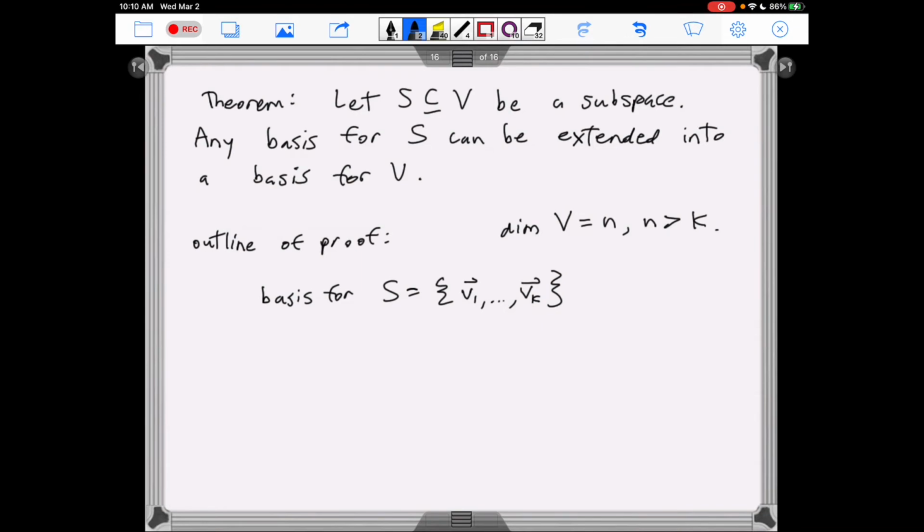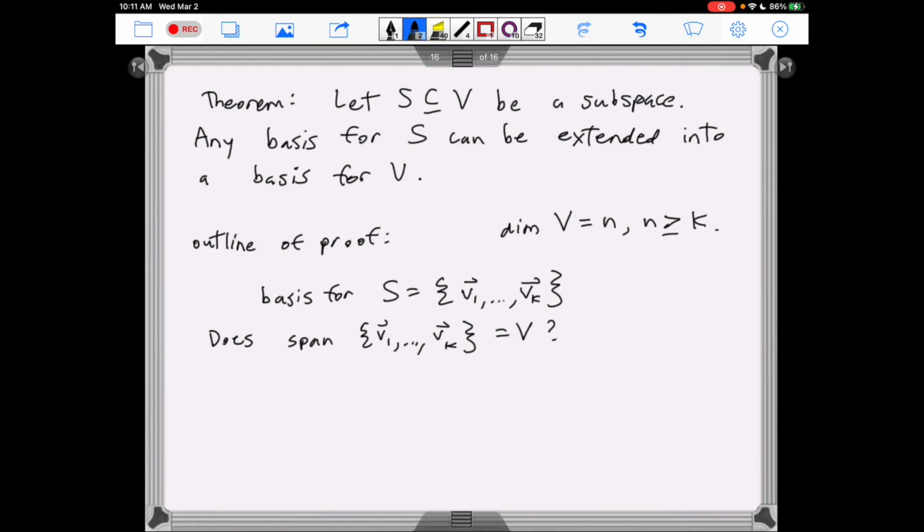First off, does the span of this set equal all of V?